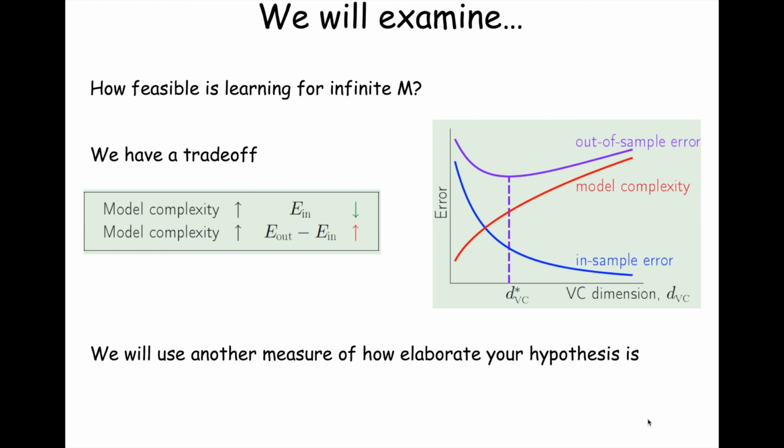Now, certainly, we see here that out-of-sample error gets smaller and tracks with in-sample error, but only up to a certain point. After a certain point, in-sample error continues to get smaller, but out-of-sample error starts to diverge. That's when you start to memorize the data and not generalize well out of sample. That point where the out-of-sample error diverges has a name.